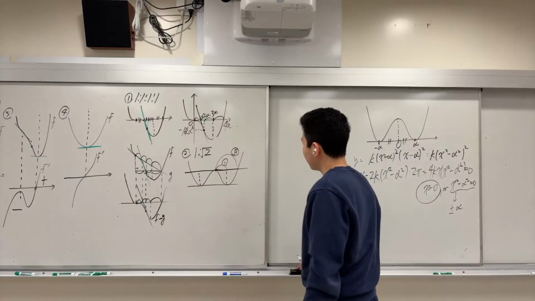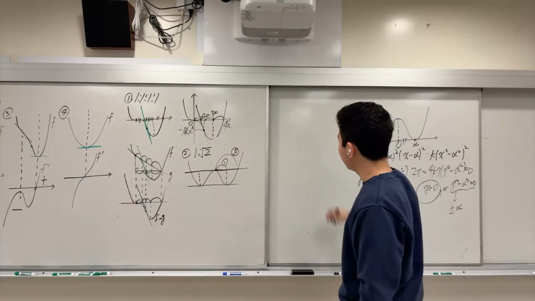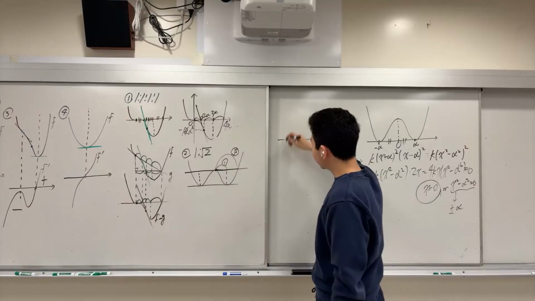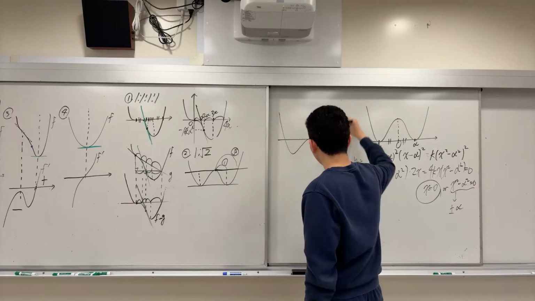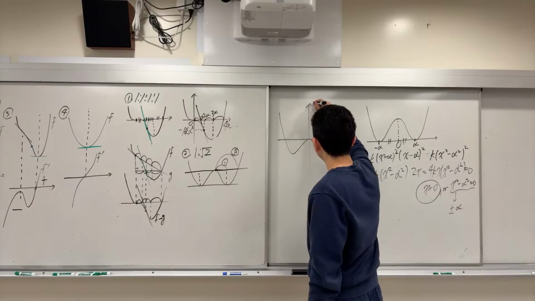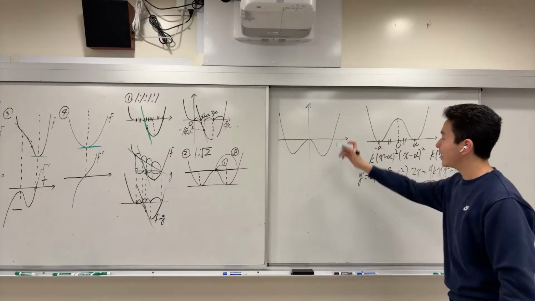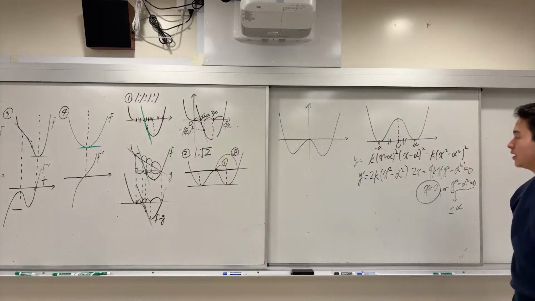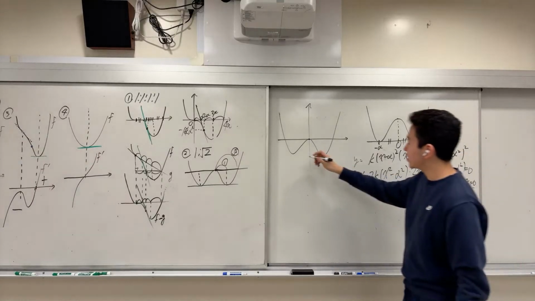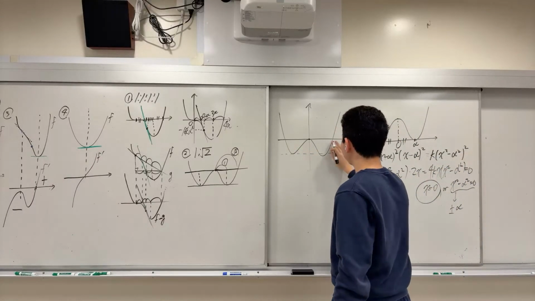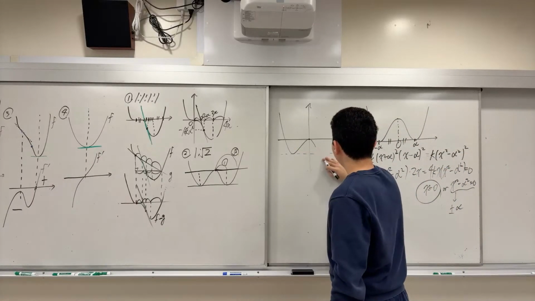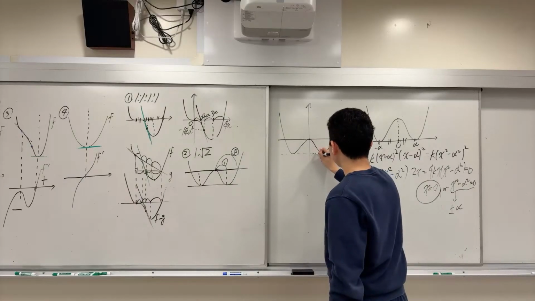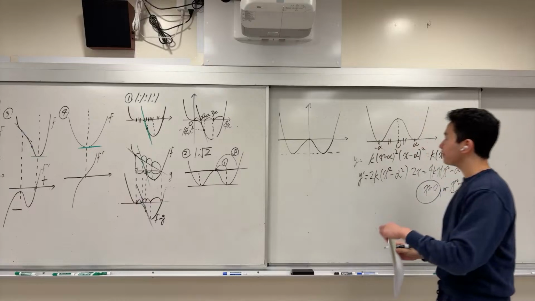Okay, what might be a good way to put this? I think now we'll switch up our coordinate system so that our origin point lies exactly on the local maximum point. And we're still going to assume that it has equal local minimum values, so like that. Okay.